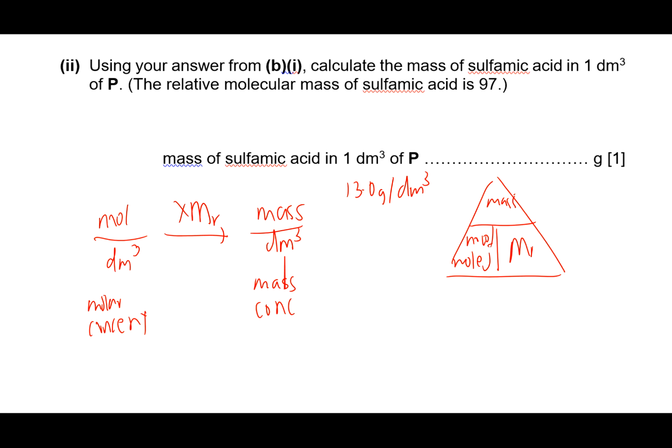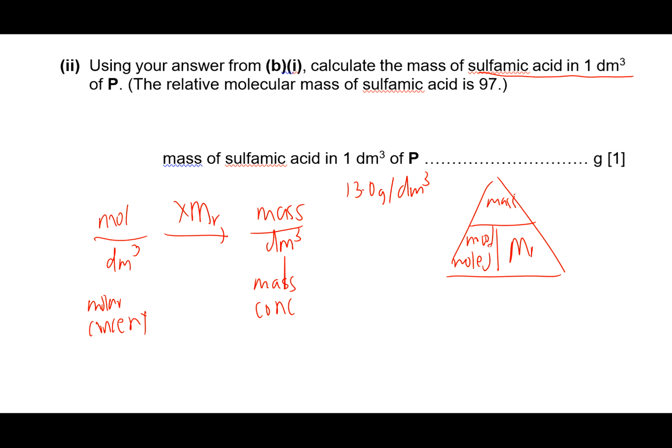Next, how do we get the mass concentration, the mass of sulfuric acid in 1 dm³? Just to share with you, molar concentration is mol per dm³, and mass concentration is mass per dm³. Take a look at this triangle that we have learned before. Number of moles and mass, what is the relationship?